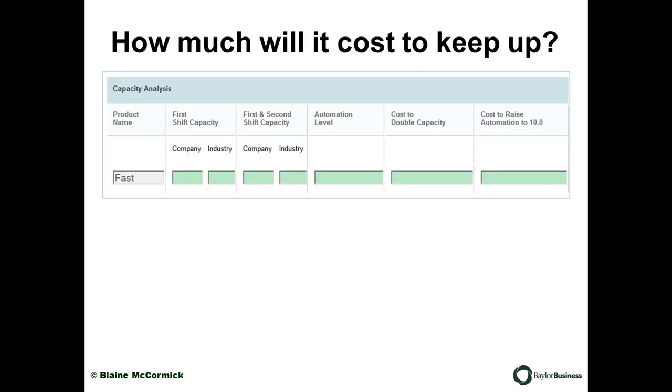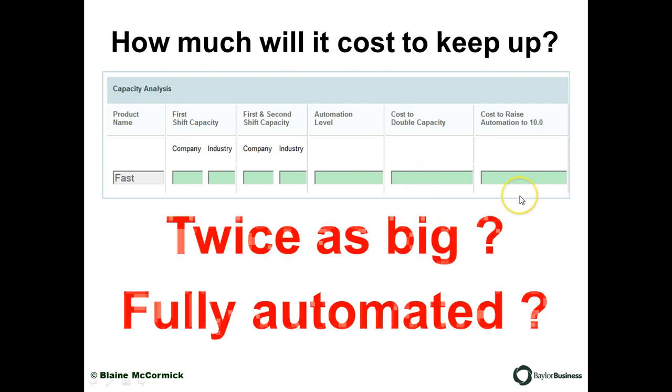And that's what the capacity analysis does here. It looks at your first shift analysis capacity for your company and the whole industry, and asks you to maximize that by running 2 shifts, and then looks at the automation level you have, and how much it would cost to double your capacity and raise your automation to 10, or as I put it, to become twice as big and fully automated there.